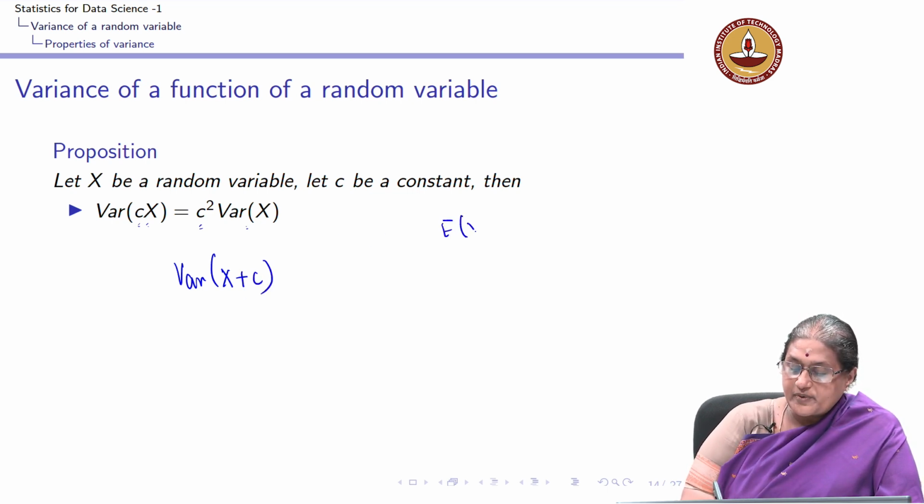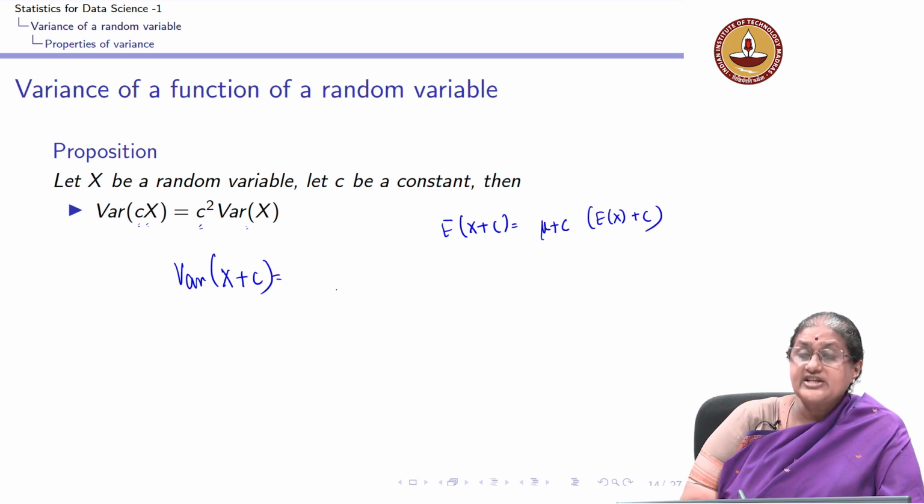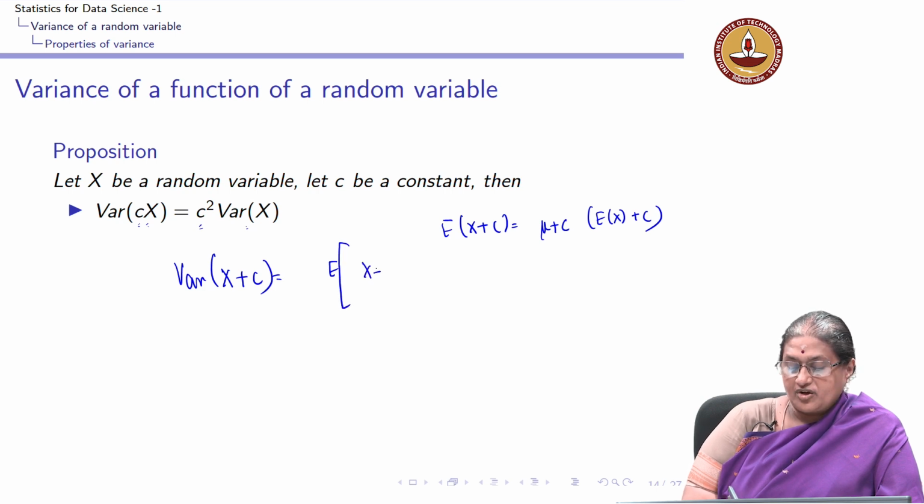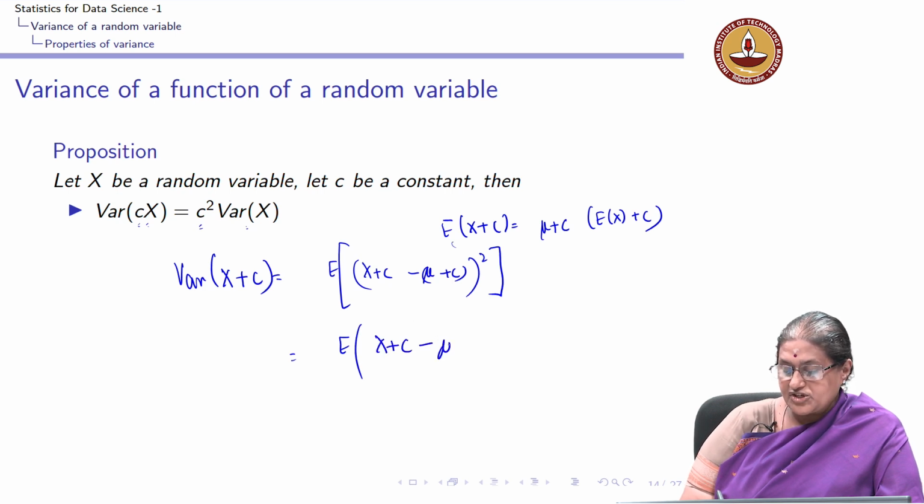Now what would happen to the variance if we add a constant to X? Again recall, the expectation of X plus c is mu plus c, which is the same as the expectation of X plus the constant. So the variance of X plus c is going to be the expectation of (X plus c minus (mu plus c)) the whole square. So this is the expectation of (X plus c minus mu minus c) whole square.